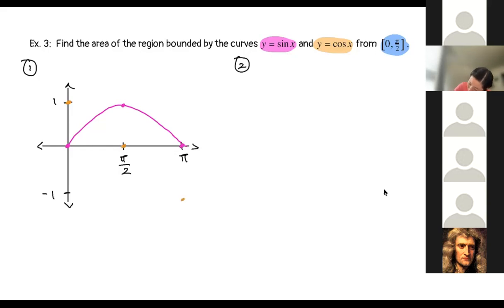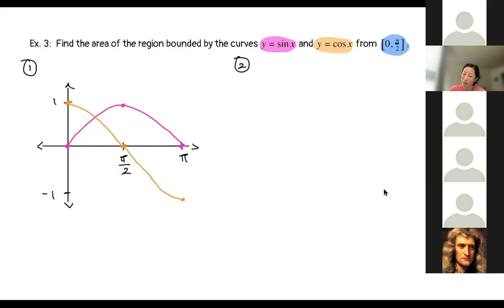Good. And so we have this situation happening here. So we have this as our graph.